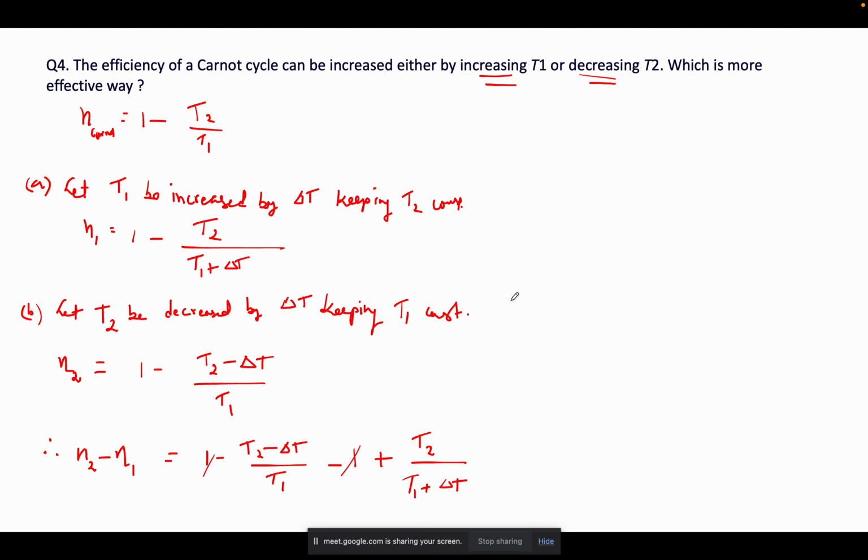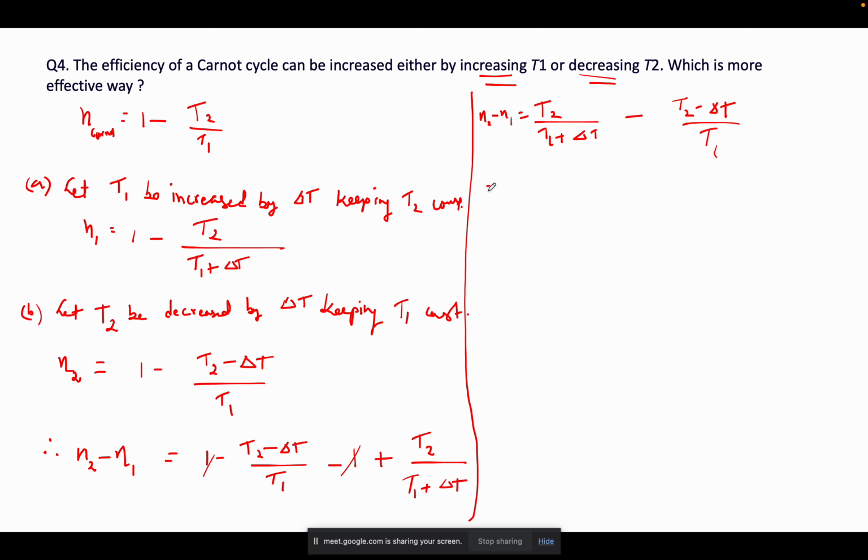Now what remains, eta 2 minus eta 1 is T2 by T1 plus delta T minus T2 minus delta T divided by T1.